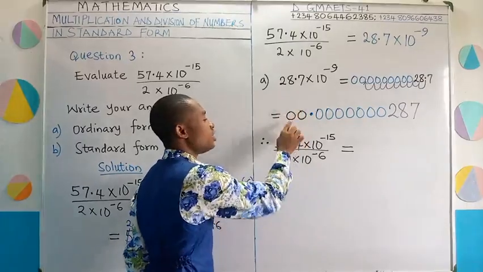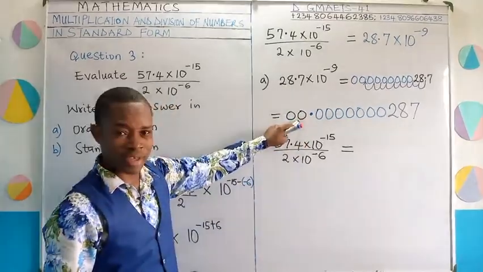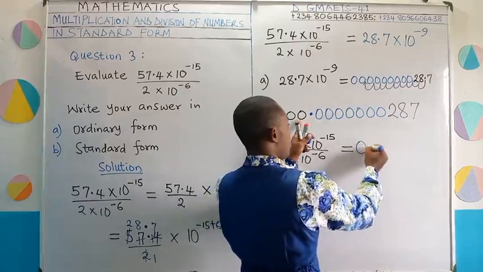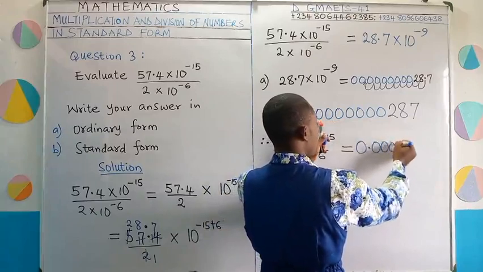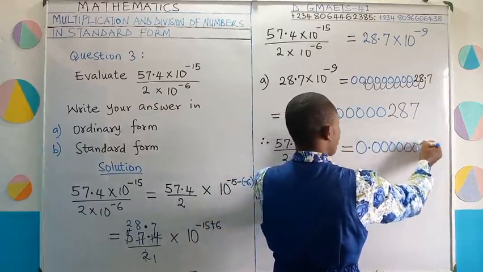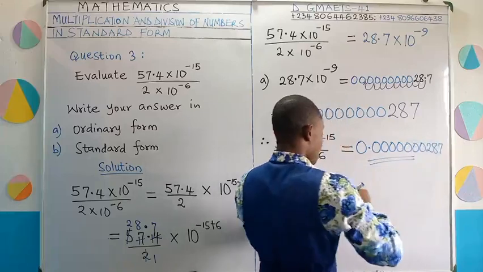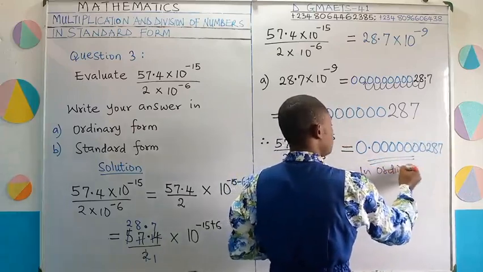This 0, 0, you only need one of them. 0, 0 is the same as 0, since there is no point between them. Are you getting me right? So I'll just write 0 and then the point. There are 7 zeros here, we said. 1, 2, 3, 4, 5, 6, 7. Then 2, 8, 7. This is my answer in ordinary form.